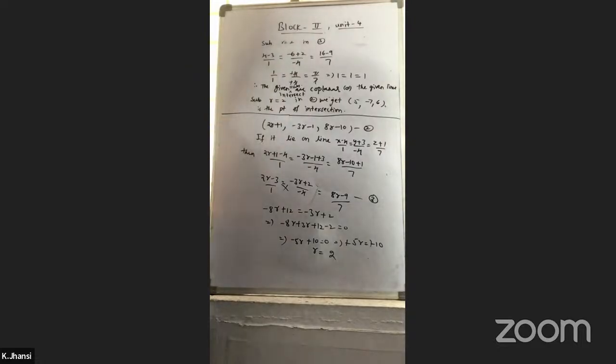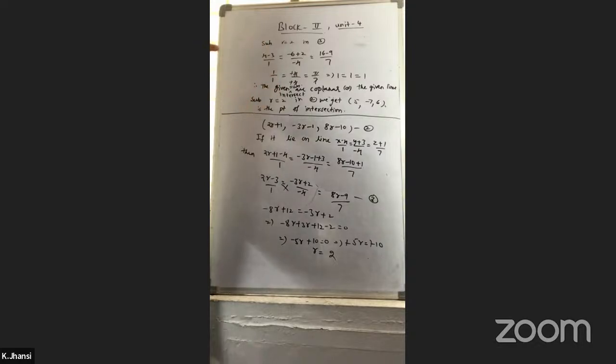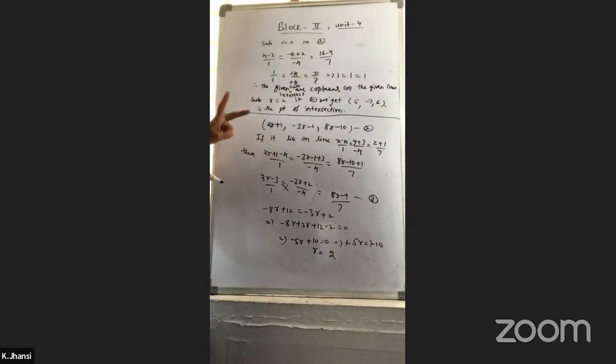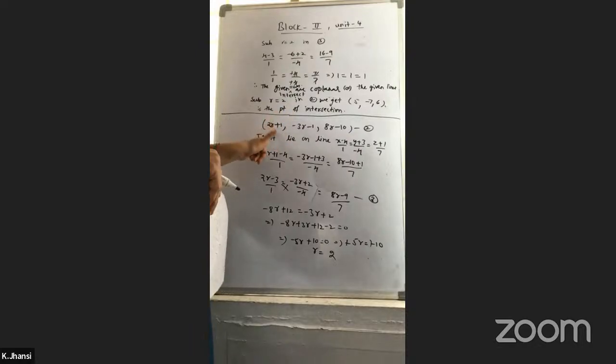So one method is with the help of the formula: the determinant of x2 minus x1, y2 minus y1, z2 minus z1, l1 m1 n1, l2 m2 n2. Whatever value you find with the determinant, if you get that value as 0, then the two given lines are coplanar to each other. And if he's asking to find the point of intersection, then you take any one of the lines equal to r and you will get one point.